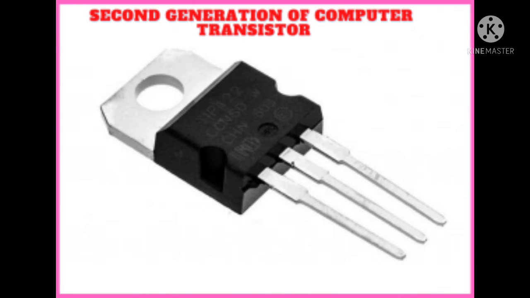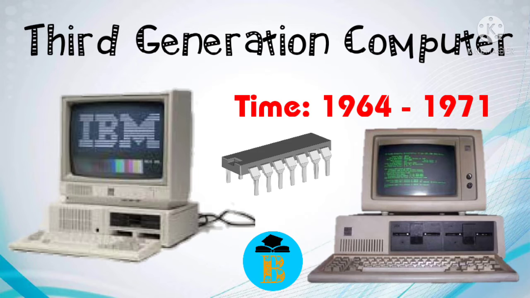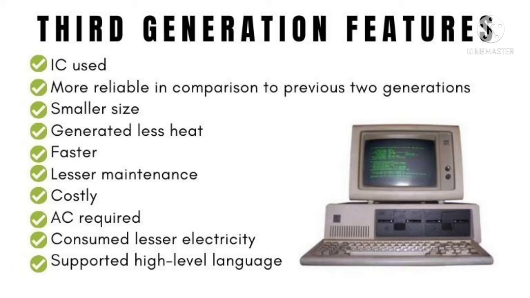Now we will move to the next generation, that is third generation of computers based on integrated circuits. In this generation of computers, transistors are replaced by their integrated form known as integrated circuits, IC. Many computers were introduced in this generation.